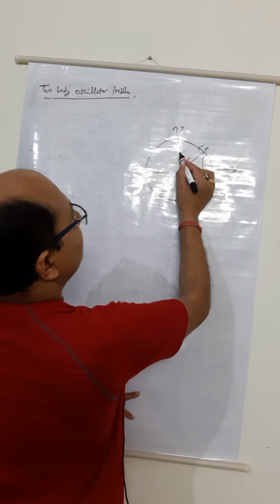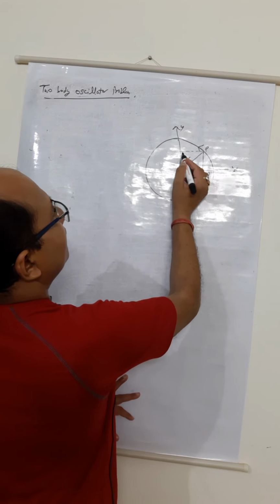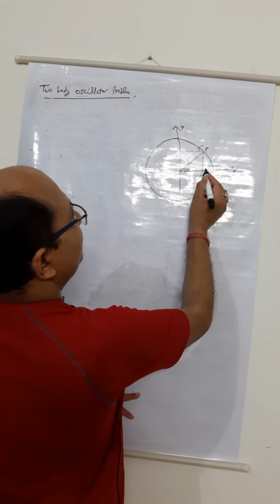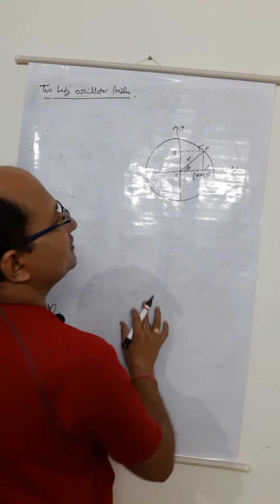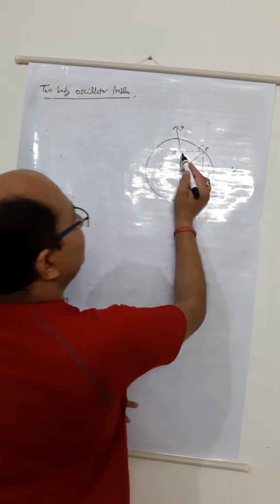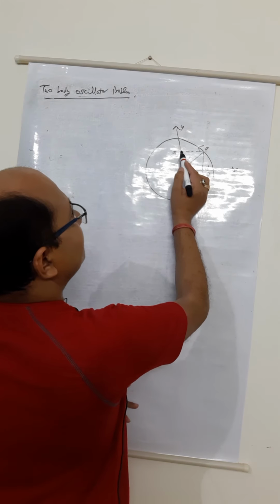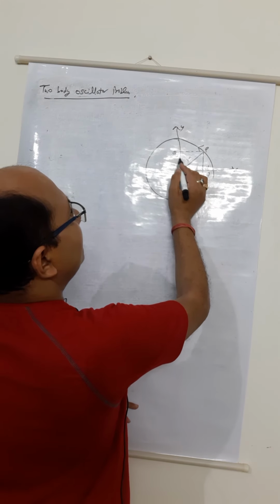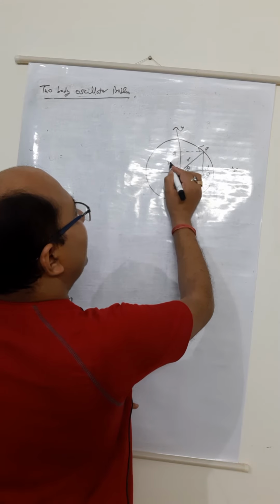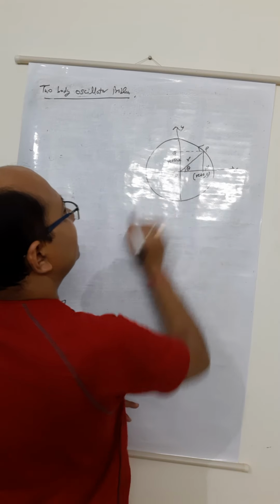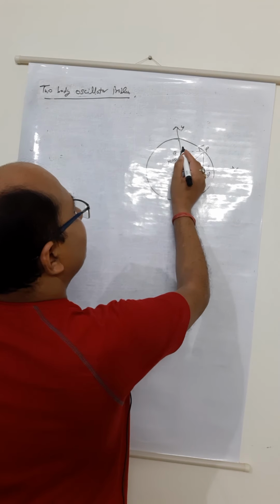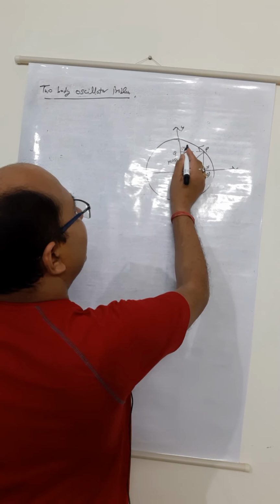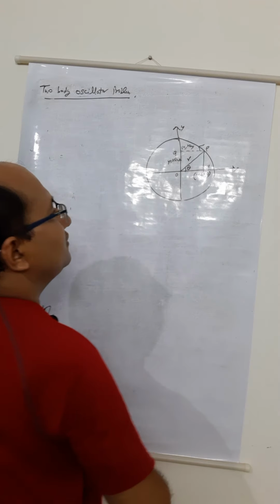Similarly, this is the projection on the y-axis, that is Q. OQ is equal to y is equal to r sine theta, so the coordinates are 0 and r sine theta.